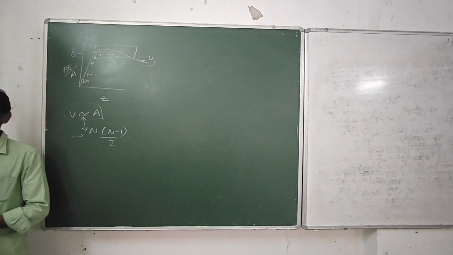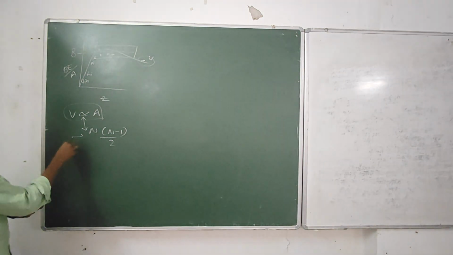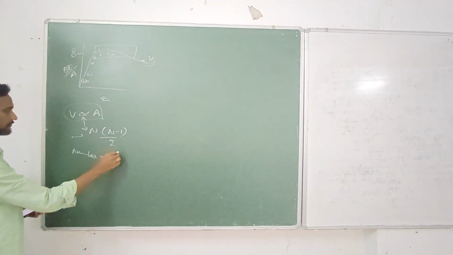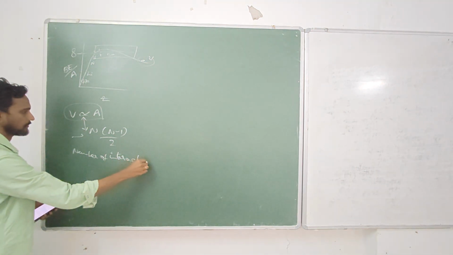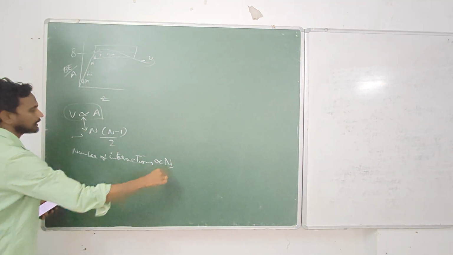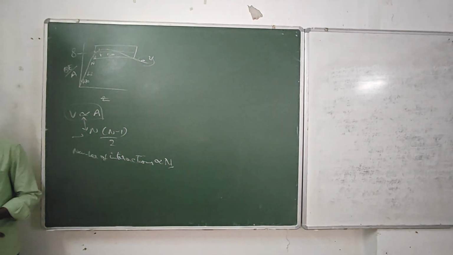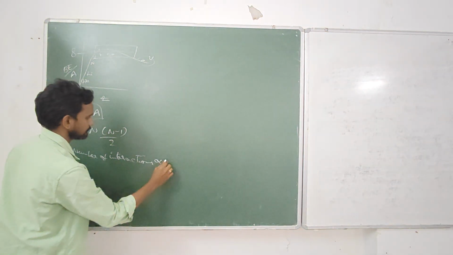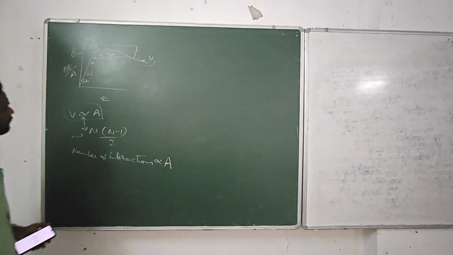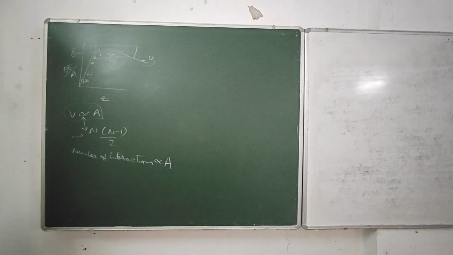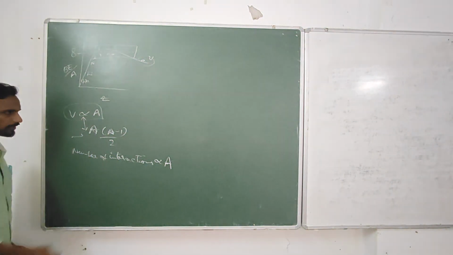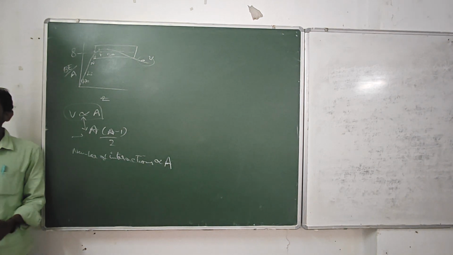Length of the nucleus. That means what? This number of interactions is now proportional to n. It should be a number of nucleons. So we call it a into a minus 1 by 2, whatever. If it is n or a, whatever.